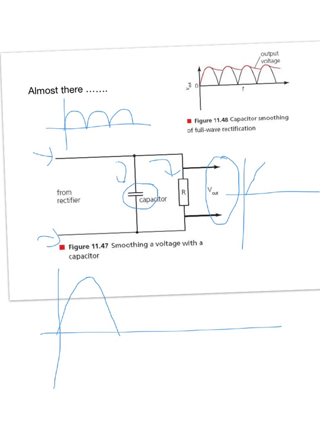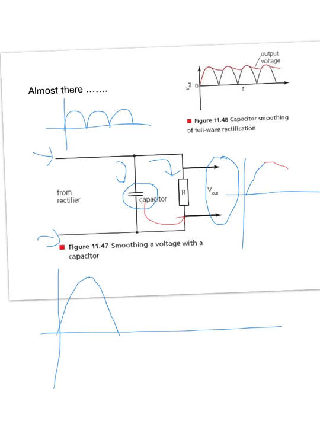So the capacitor discharges, and what it does is it releases some of that charge through the resistor. It's kind of compensating for the drop in the AC. So instead of just getting a drop here, we're getting a little bit of current flowing from the capacitor.